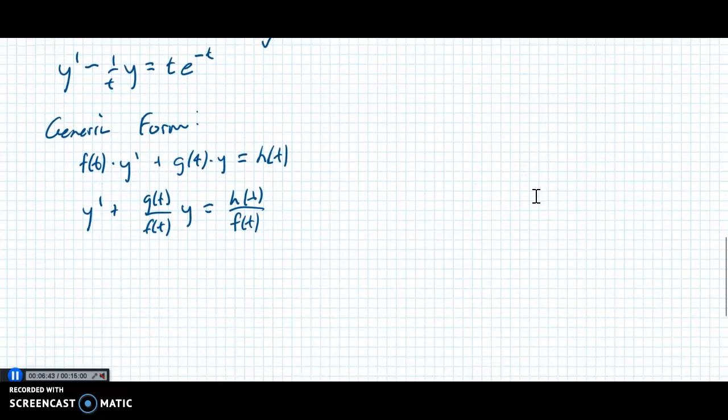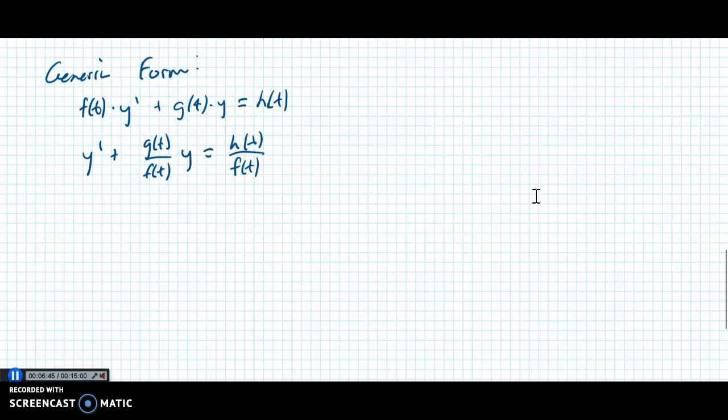All right, so I'll write that rainbow box down here a little bit lower when I'm ready for it. So now, I don't want all those F's, G's, H's, right? So I'm going to rewrite it. I am going to let P equal g of t over f of t, so that is going to replace this.